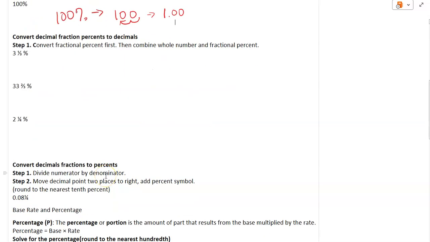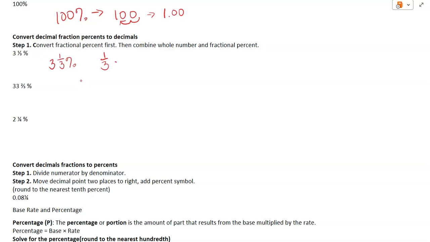Sometimes you'll encounter fraction percents, and we can convert these into decimals as well. Whenever you have a fraction percent, you always want to convert the fractional part first. So here I have 3 1/3%. I'm going to convert the 1/3 first.